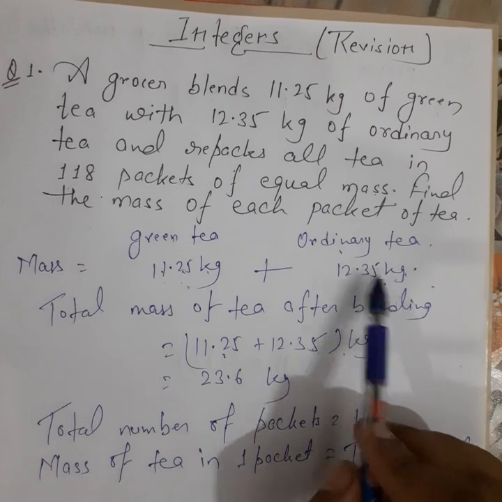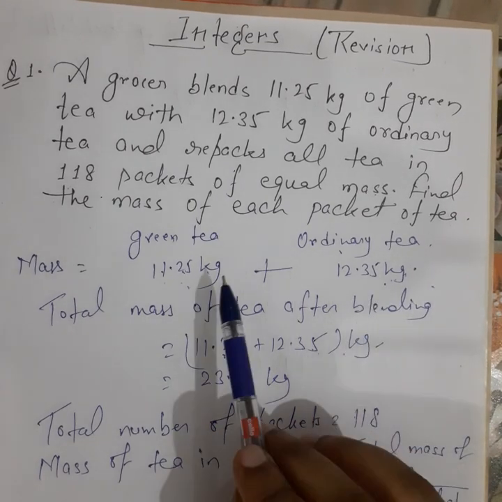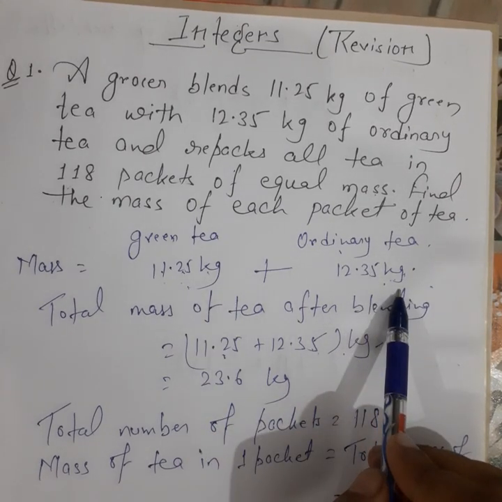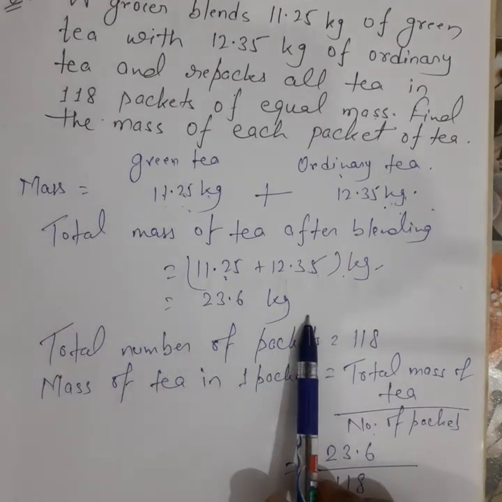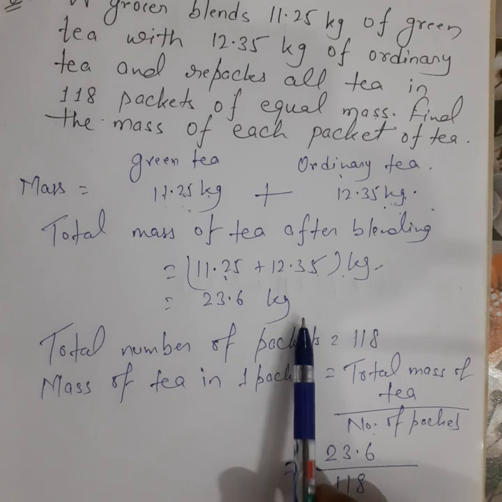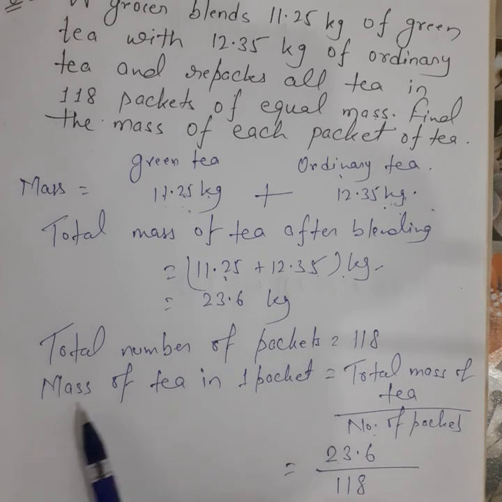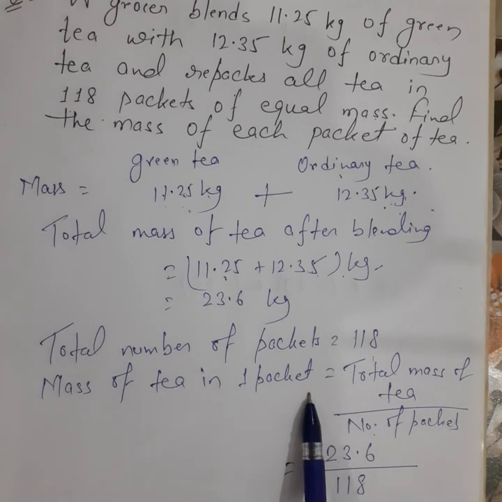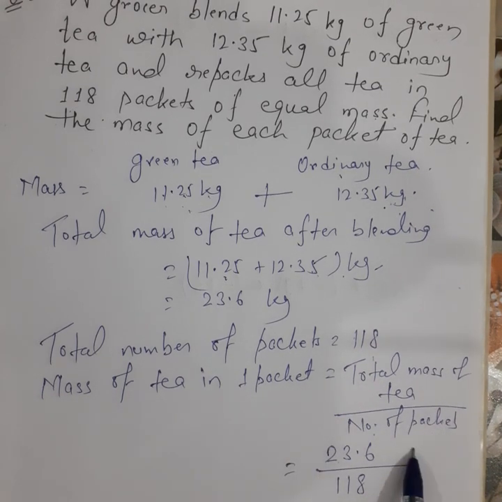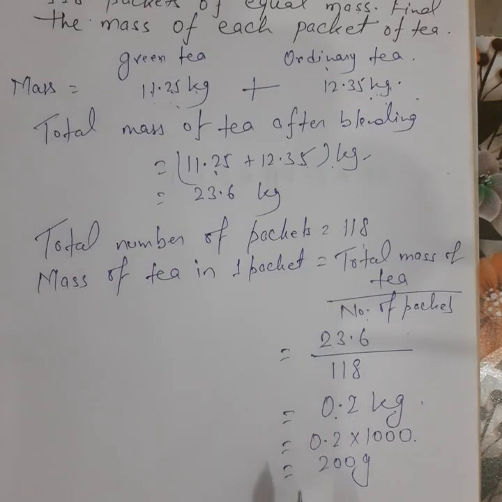Grocer blends both types of tea and repacks all the tea in 118 packets. So first we find the total mass of tea, that is 23.6 kg. Now this tea repacks into 118 packets. So mass of tea in one packet is equal to total mass of tea by number of packets and we get the mass in each packet is 0.2 kg. Now we convert kg into gram and the mass of one packet is 200 gram. Okay.